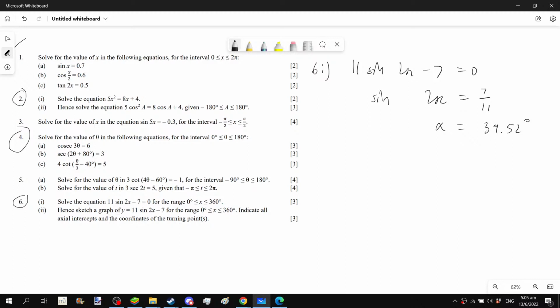Having said that, however, the range of values is now going to be up to 720 degrees, which means that our 2x can be basic angle, it can be second quadrant, it can be basic angle with one extra revolution, or it could be second quadrant with one extra revolution. Right?